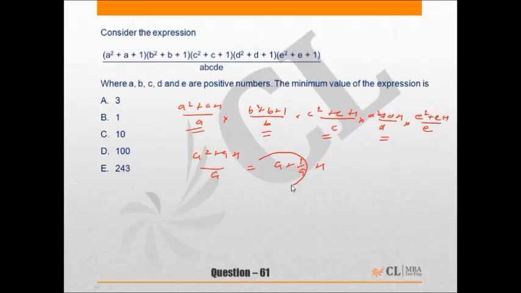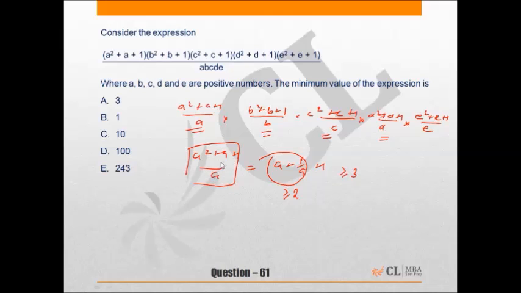We know that the value of a plus 1 by a, where a is a positive real number, is always greater than or equal to 2. So from here we can deduce that the value of a square plus a plus 1 upon a will always be greater than or equal to 3. Therefore the minimum value of this quantity will be 3.